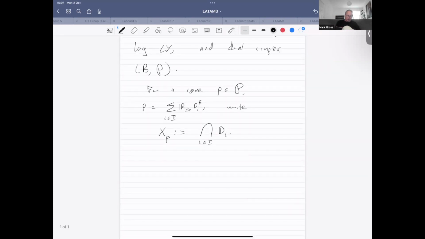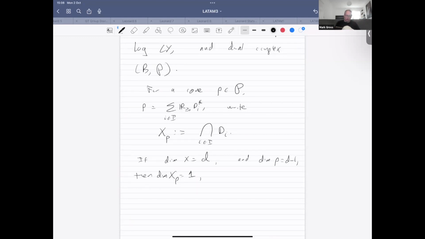Now, if dim X is equal to d, let's use d for the dimension, and dim rho is d minus 1, then X_rho is naturally one-dimensional. An intersection of d minus 1 divisors meeting transversely, and hence gives us something one-dimensional.